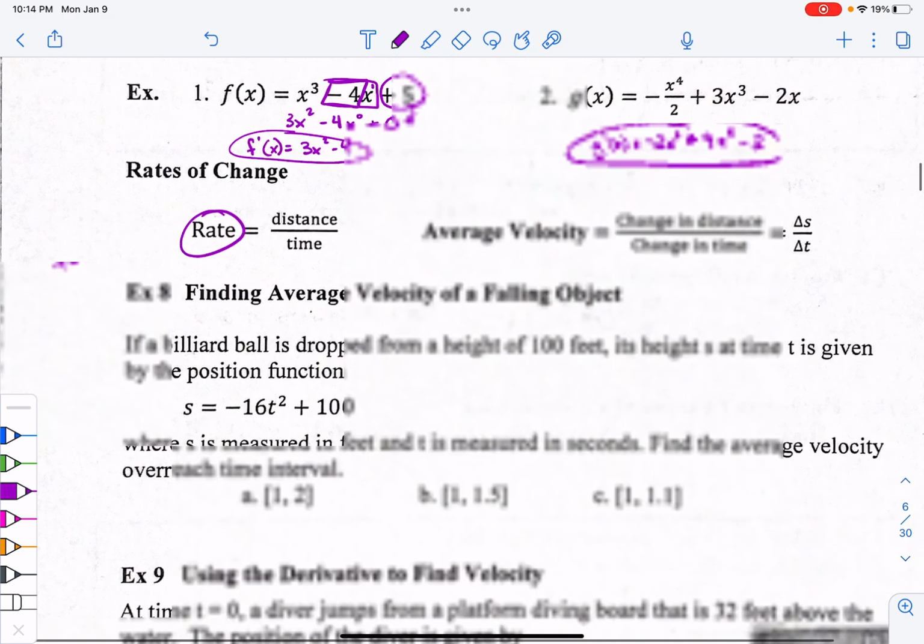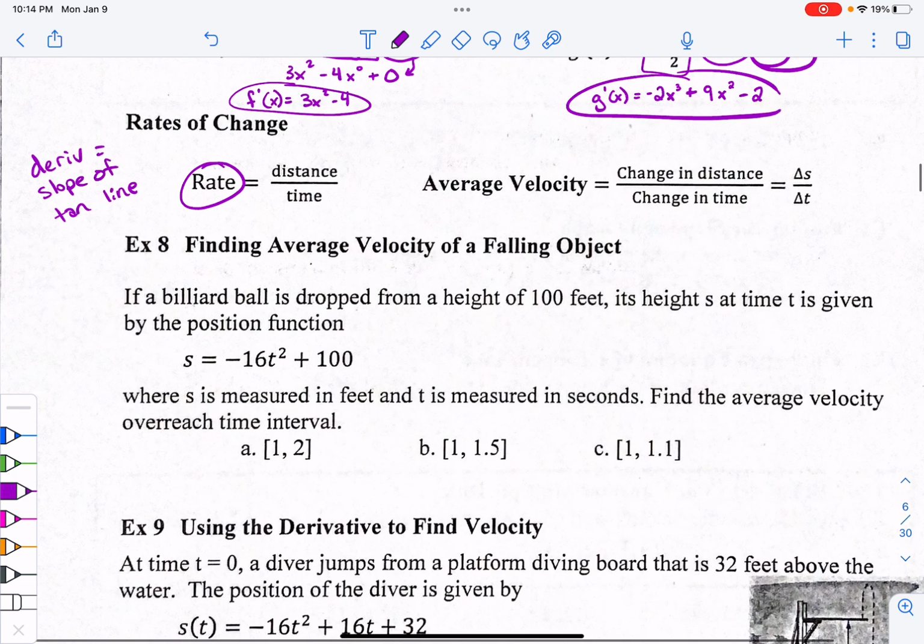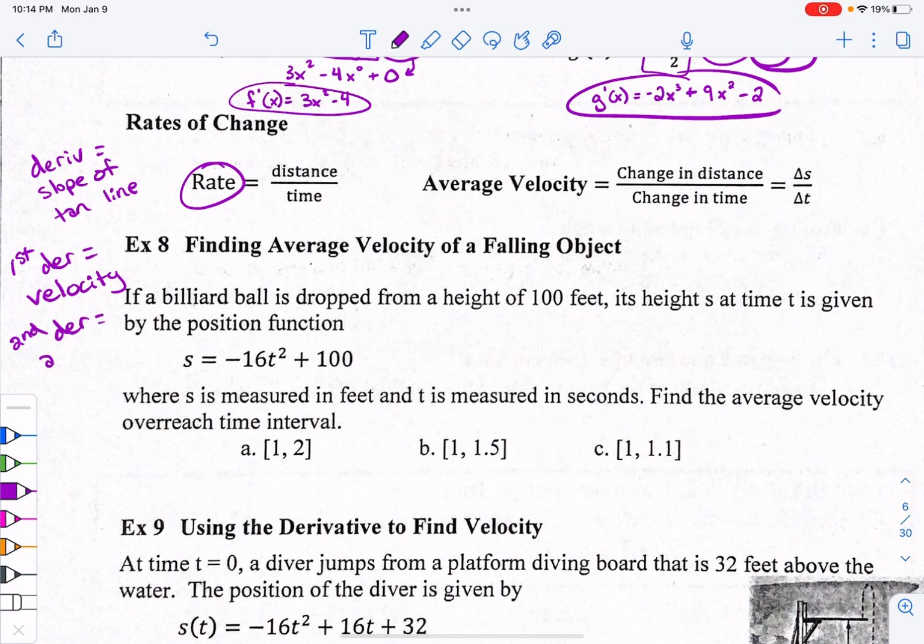At one point I think we wrote down that the first derivative represents the velocity, a lot of times of a moving object. The second derivative will represent the acceleration. I don't think they have us do acceleration today. But first derivative is velocity, second derivative is acceleration.